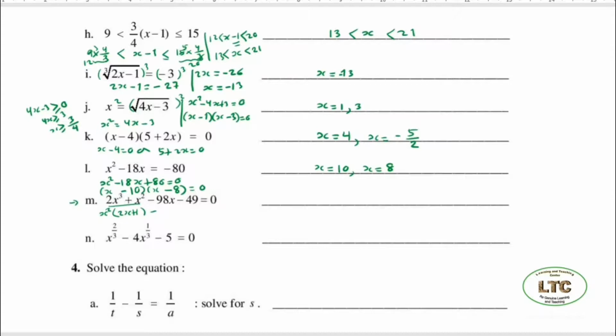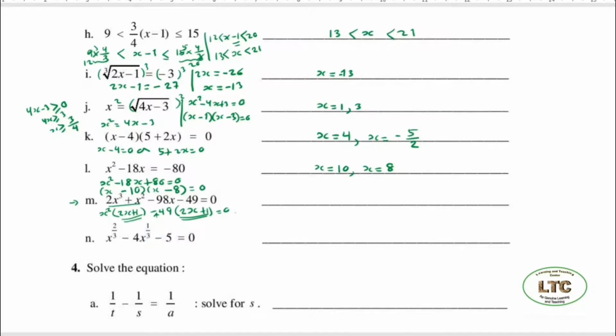Minus here 49, you take the common factor 49 out, you get 2x plus 1. Now on the left, one factor is 2x plus 1, and in the second term, 2x plus 1 is a factor also.